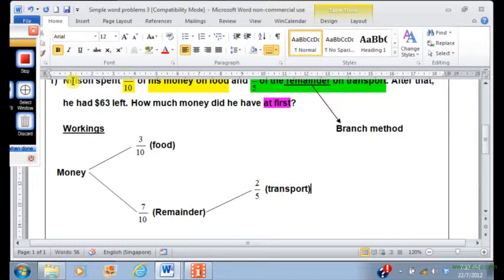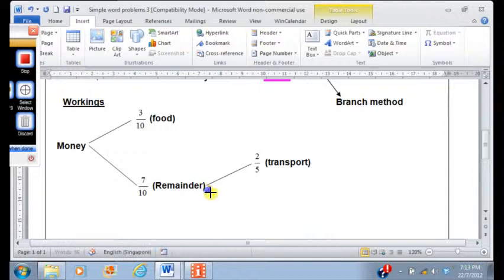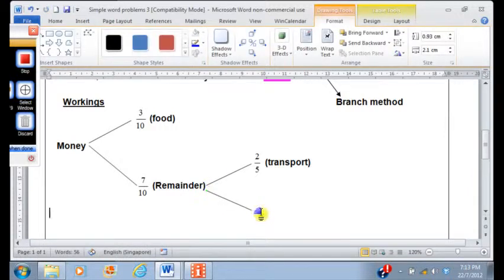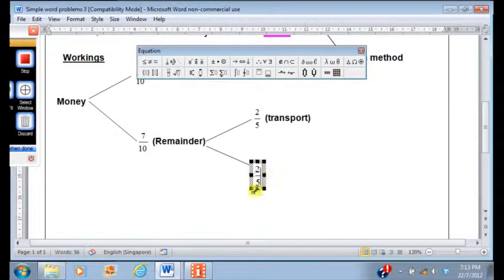Again, the branch method tells us that at every point your two fractions must add up to one whole. So if this is 2 out of 5, this has got to be 3 out of 5.